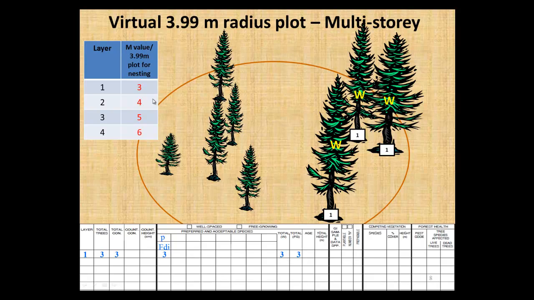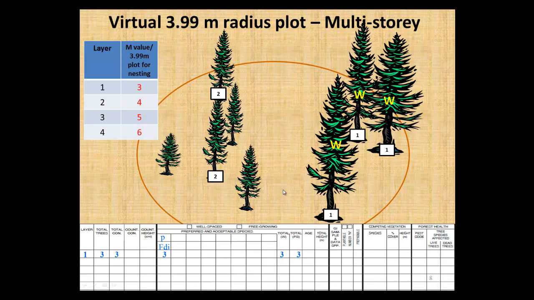And our M value is 3. Technically I should write an M in here, but we'll just write 3 so we don't lose everybody. And so we just ended up with a cap there. If I had 4 really healthy, well-spaced trees in this plot, I would record 4 here, and I would cap this. I'd put an N value in here so our 3 would show up.